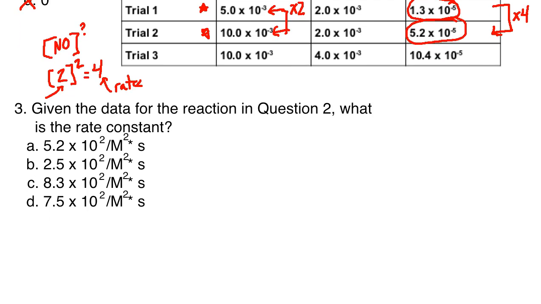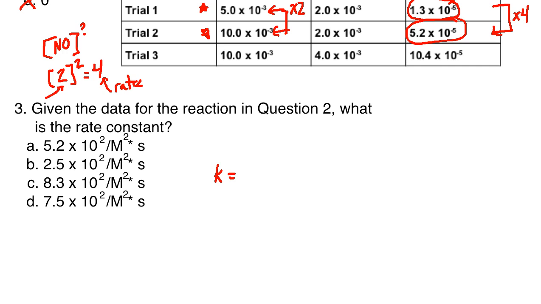So given the data for the reaction in question 2, what is the rate constant? So remember, rate constant is k, and we can find k by setting it equal to rate divided by the concentrations raised to their respective orders. So you can really pick any of the trials that you would like here. I'll go ahead and work with trial 2.